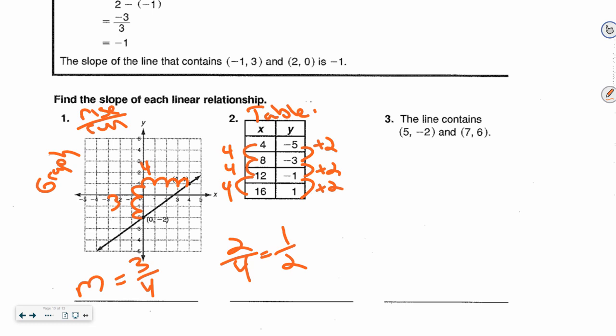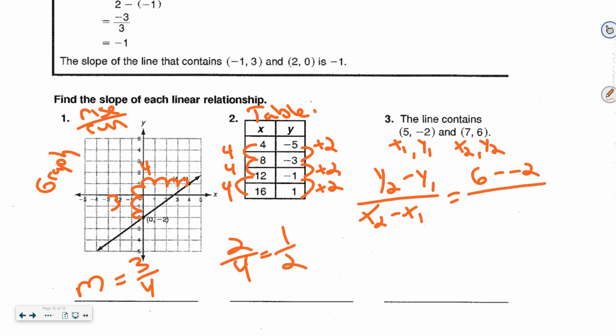For my third one, this is where my slope formula comes in. So this is x1, y1, x2, y2. I plug it into my formula, y2 minus y1 over x2 minus x1, which is 6 minus -2 over 7 minus 5.